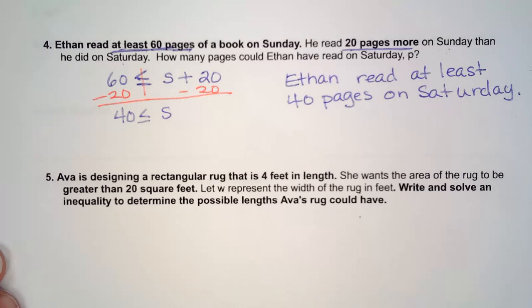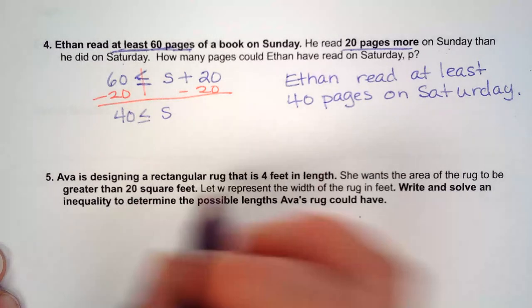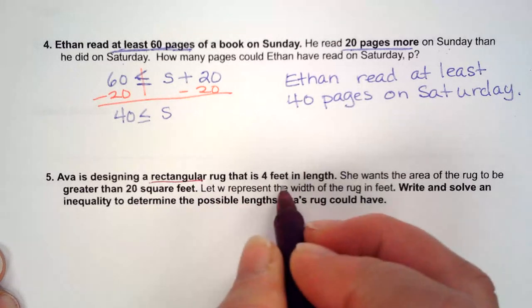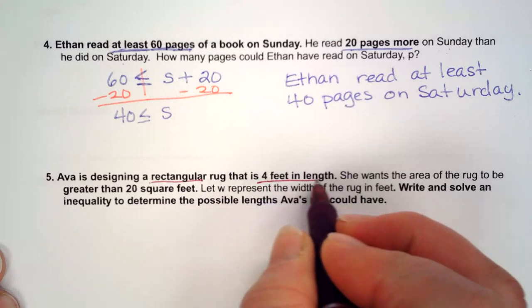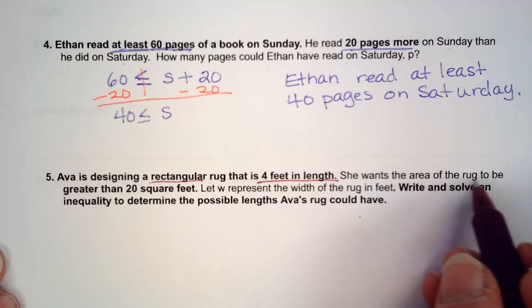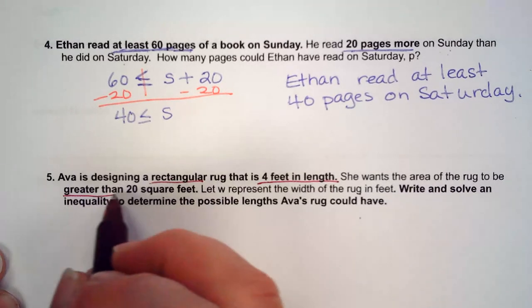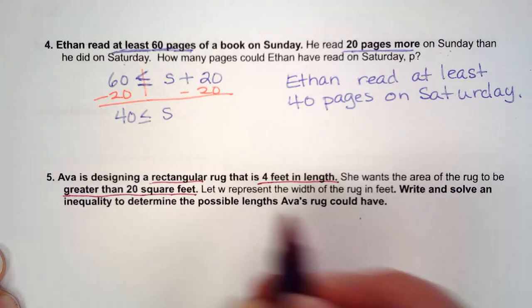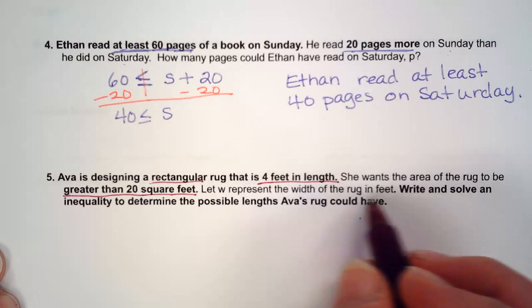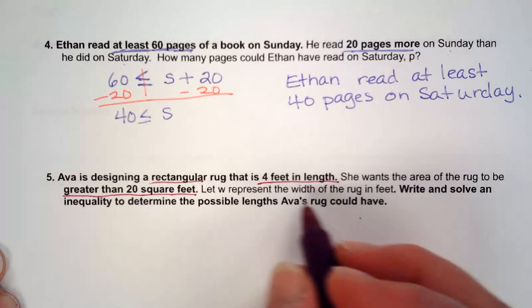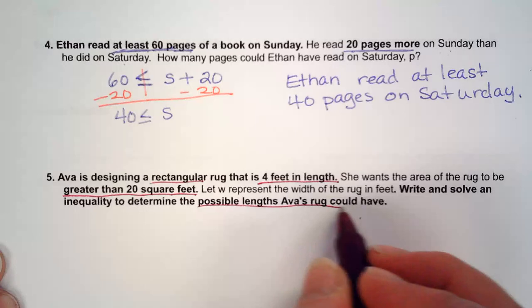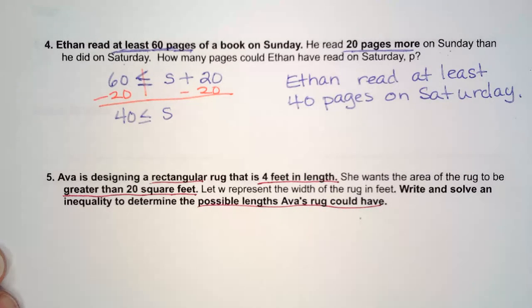So she's deciding rectangular, which is going to be important. That is 4 feet in length. She wants the area of the rug to be greater than 20 square feet. Let W represent the width of the rug. Write and solve to determine the possible lengths Ava's rug could have. Okay, so what is area?